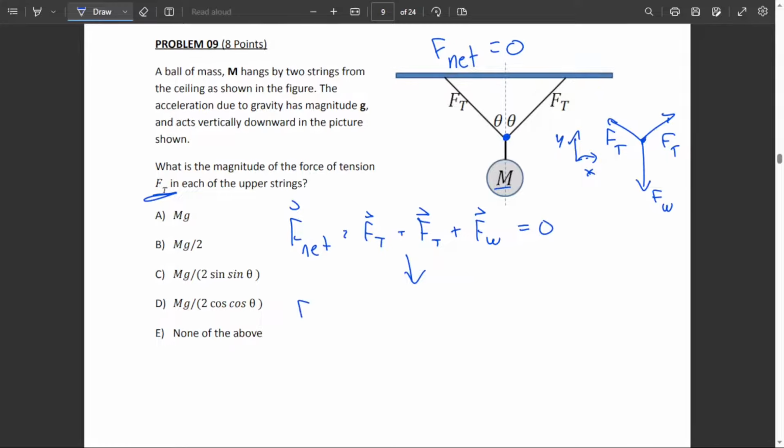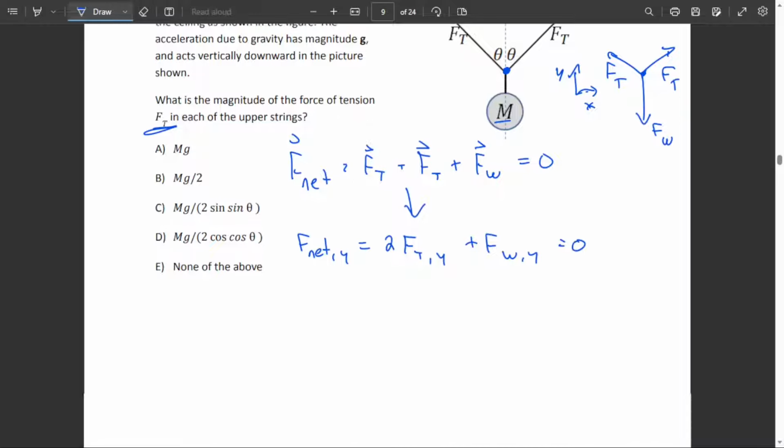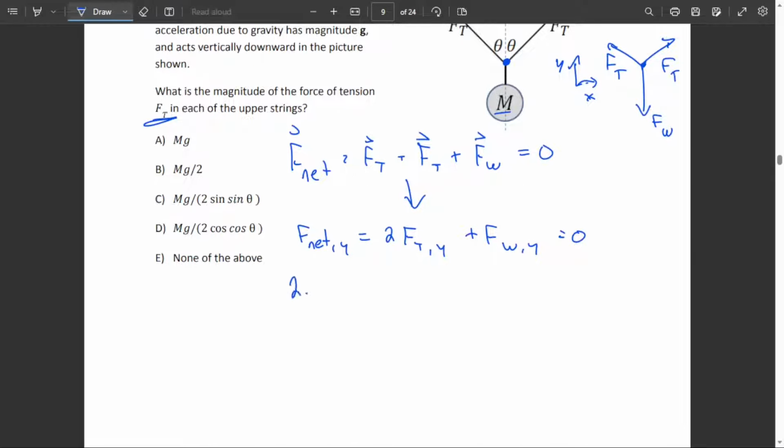If we do that, then we get 2 times the force of tension in the y direction, and then plus the force of weight in the y direction. Force of weight, like I said, is mass times gravity.